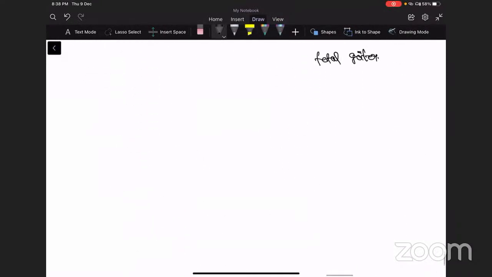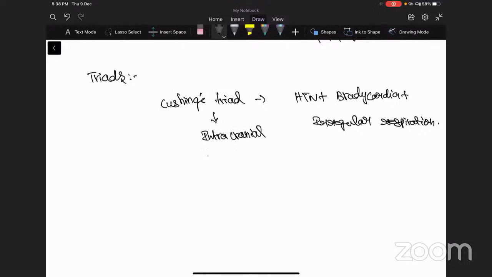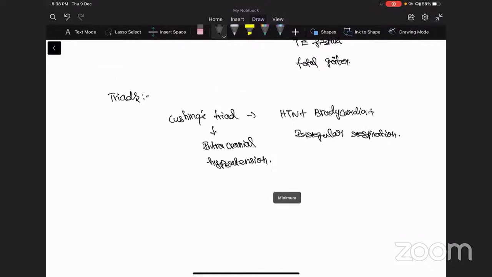Look at some important named triads. Cushing's triad: there is going to be hypertension, bradycardia with an irregular respiration, and the cause for Cushing's triad is going to be intracranial hypertension, or the intracranial pressure getting increased.